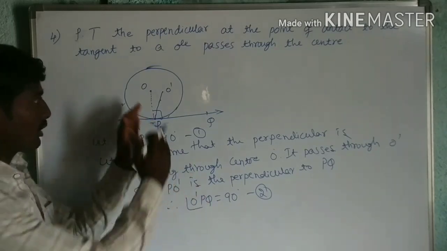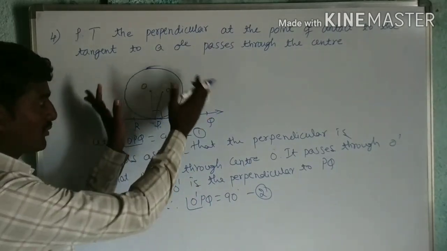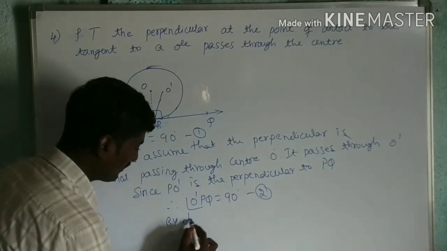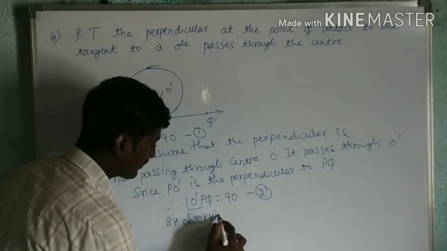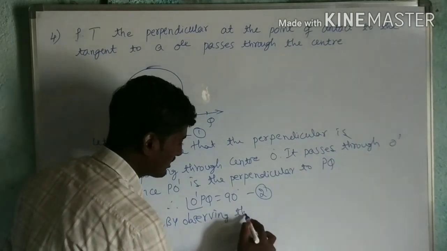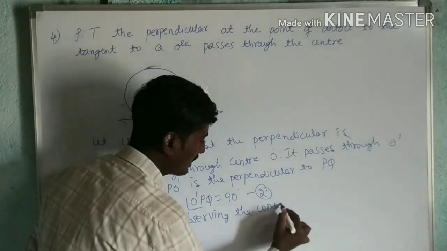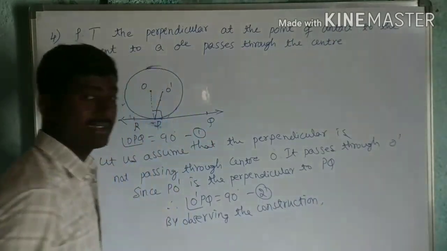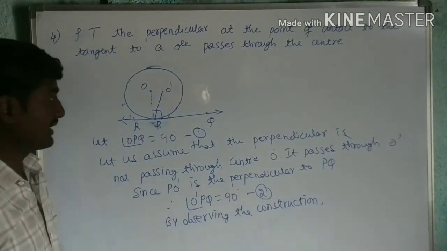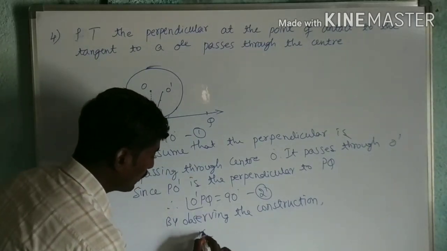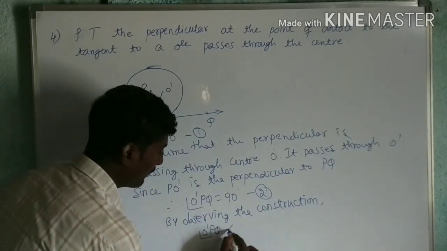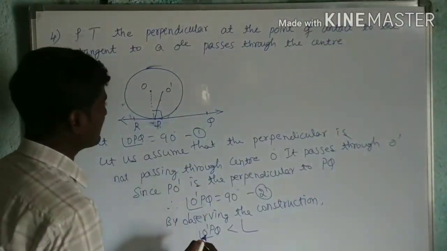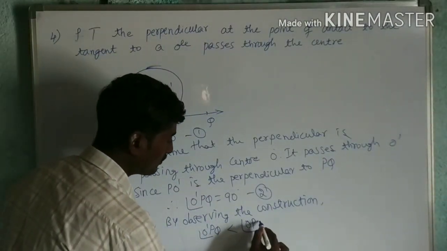By assumption I got this. But according to this diagram, by observing the construction, I can say that by observing the construction, angle O dash PQ must be less than OPQ.